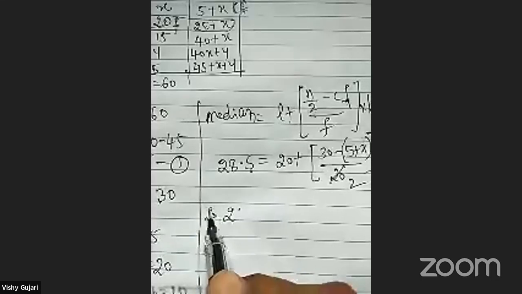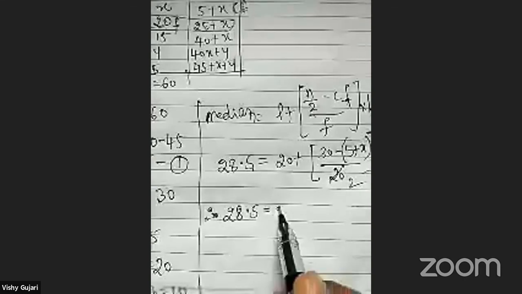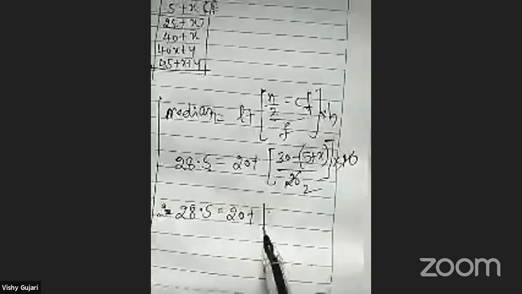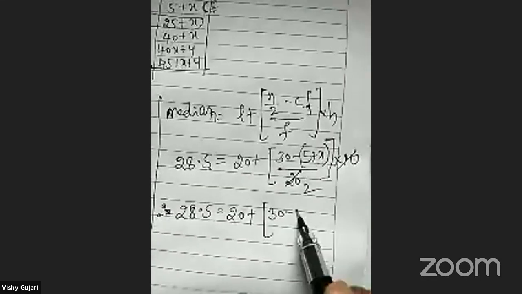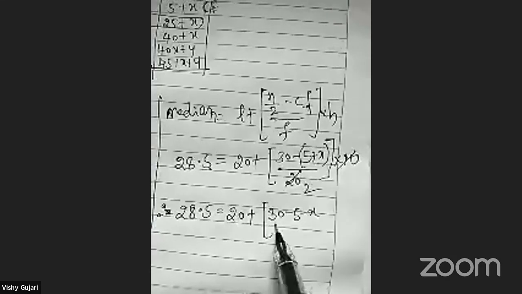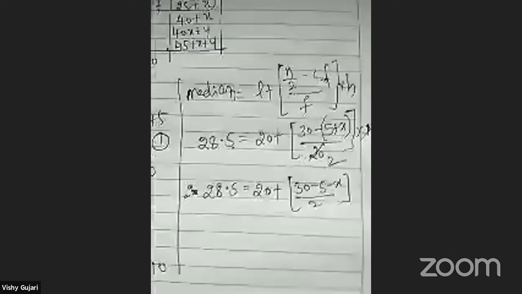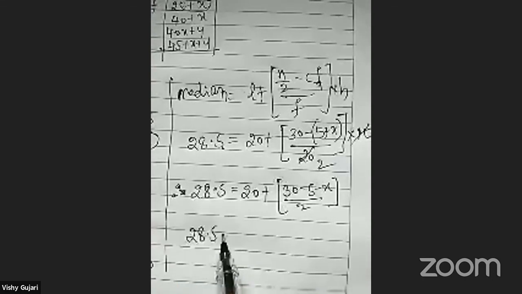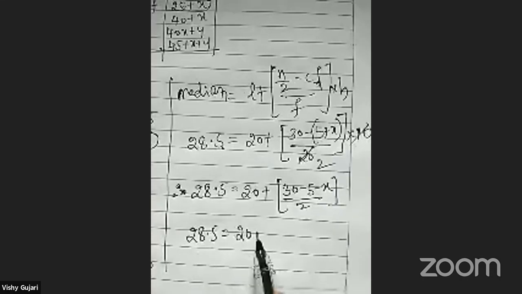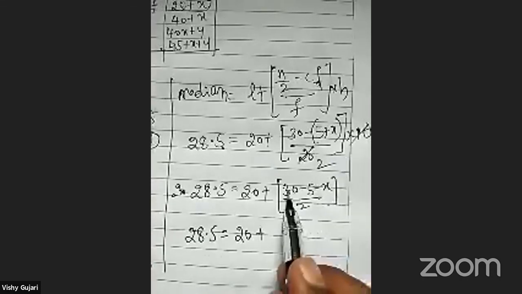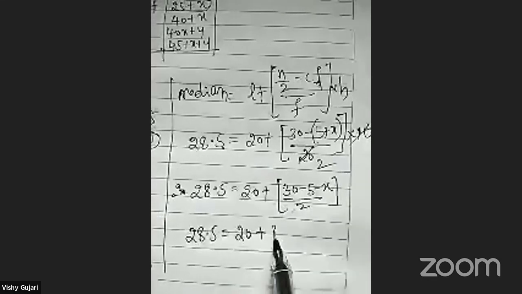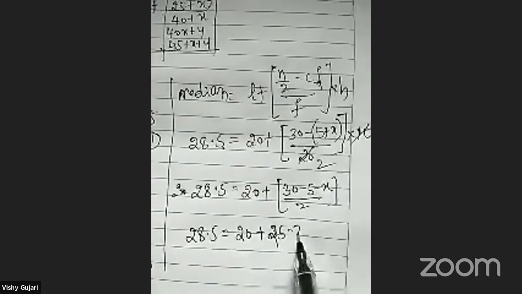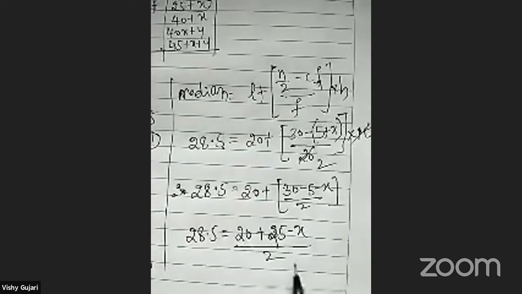Therefore, 28.5 is equal to 20 plus 30 minus 5 minus x divided by 2. That is equal to 28.5 is equal to 20 plus 25 minus x divided by 2.